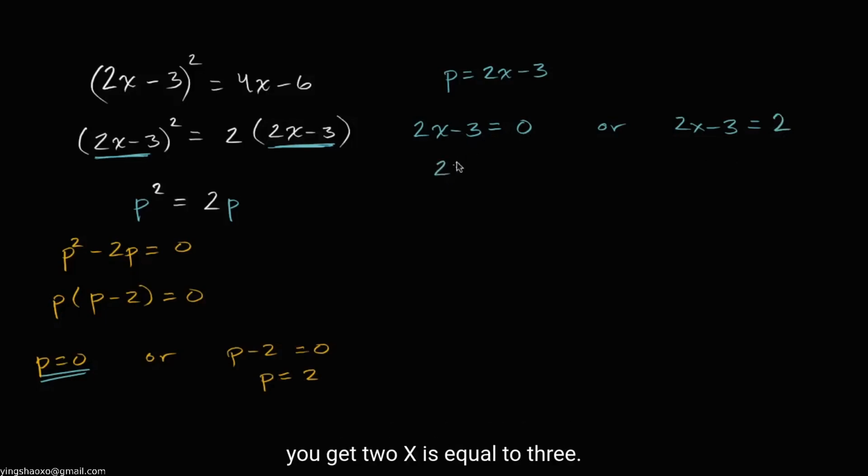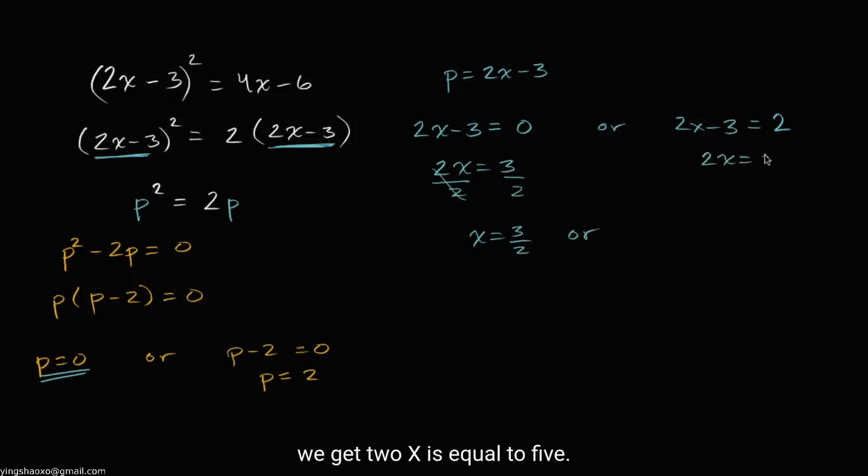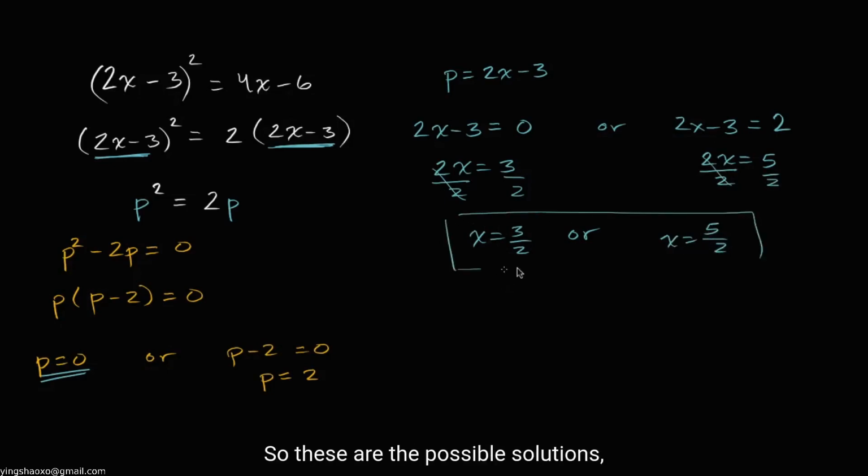Add 3 to both sides, you get 2x is equal to 3. Divide both sides by 2, and we get x is equal to 3/2. Or over here, if we add 3 to both sides, we get 2x is equal to 5. Divide both sides by 2, and you get x is equal to 5/2. So these are the possible solutions.